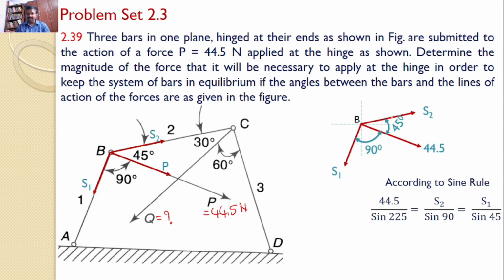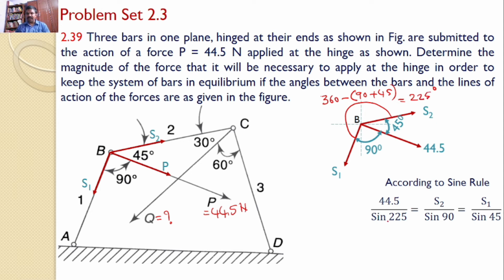What is the angle between the other two forces? So we need to measure like this so that the total angles must be 360 degrees. The angle between S1 and S2 is 360 minus 90 plus 45. This angle is given as 45, this angle is given as 90. Hence, this angle is 360 minus (90 plus 45), which gives the value of 225 degrees.